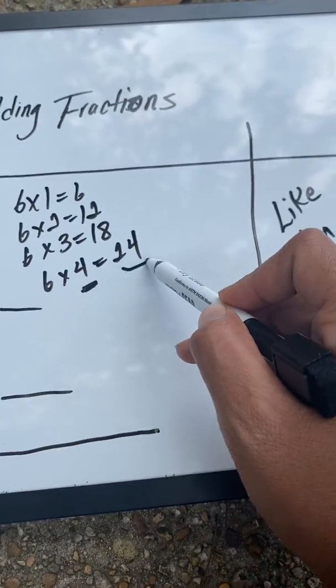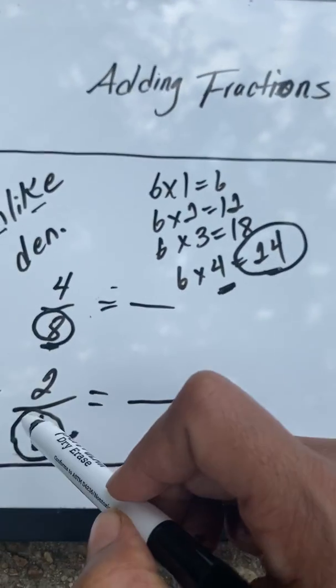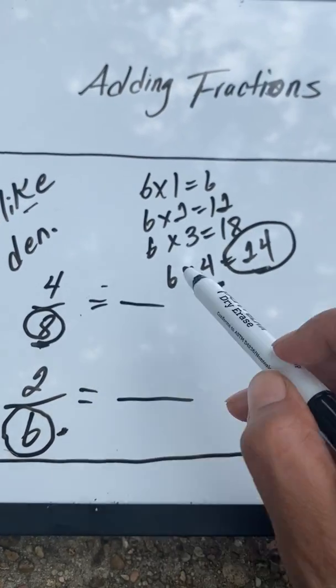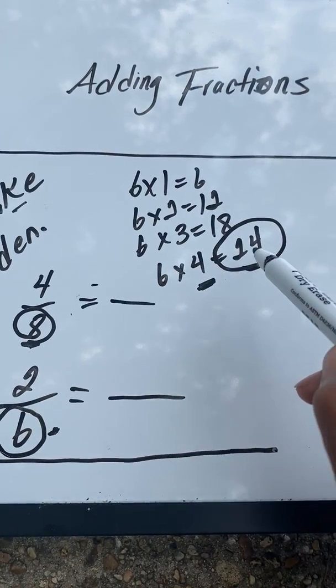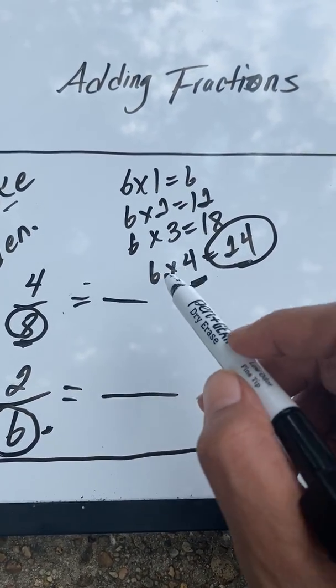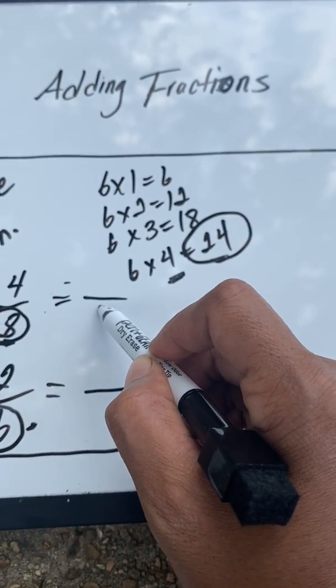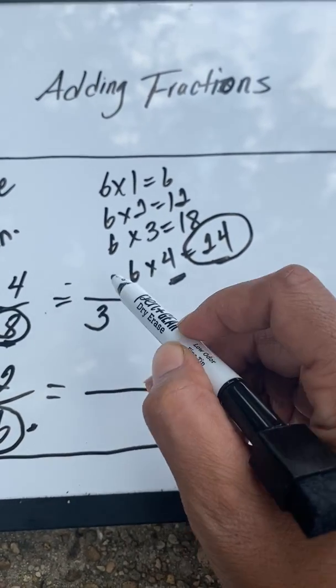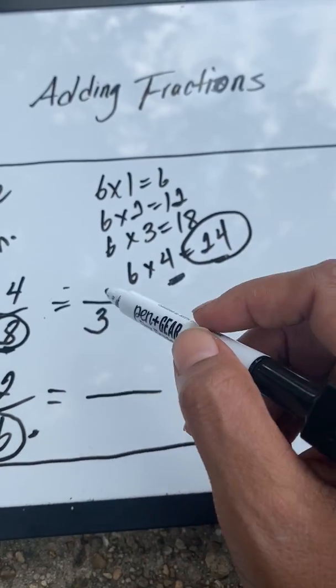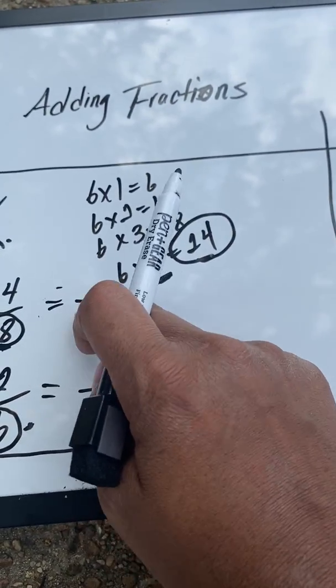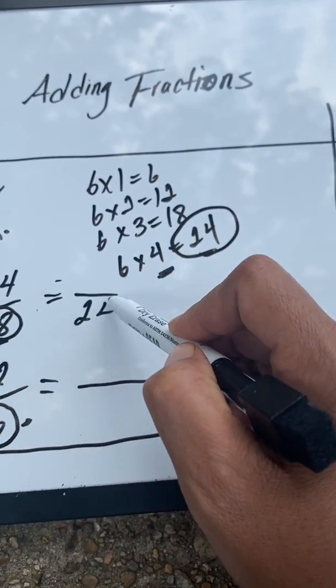And 8 does go into 24, and so does 6. How many times does 8 go into 24? It goes 3 times, because 3 times 8 is 24. I'm sorry, y'all. We're going to put our 24 down here.